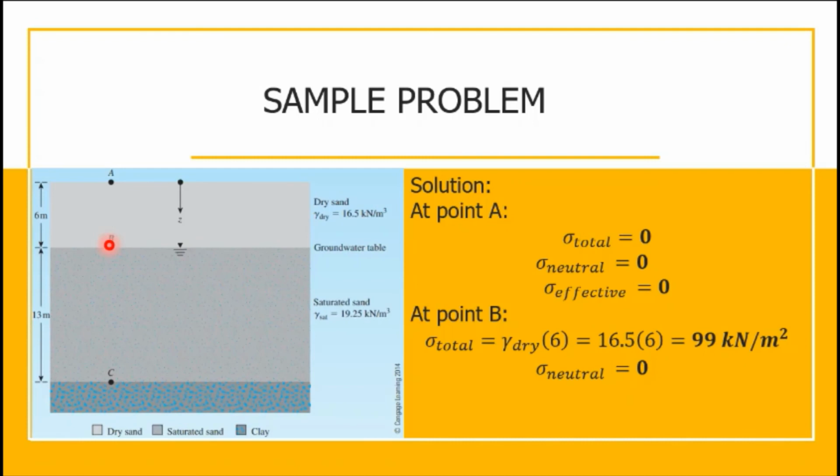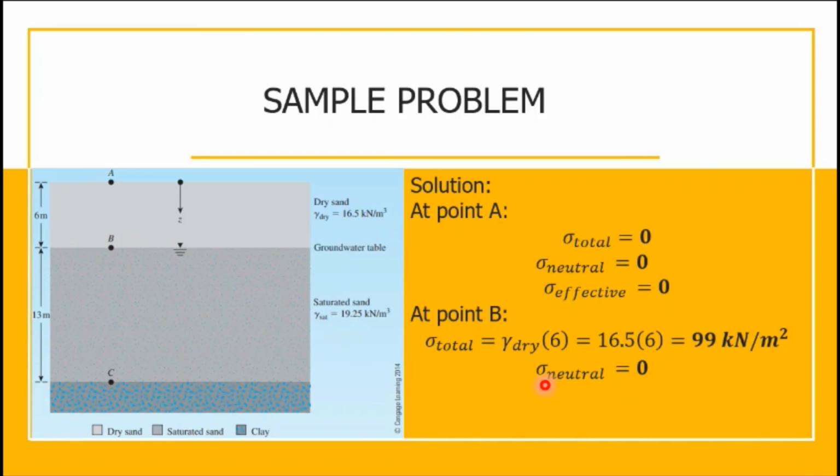At point B, ang height from the groundwater table ng point B is 0. So the neutral stress at point B is equal to 0 because wala pa namang height from the groundwater table yung ating point B. That's why the neutral stress is equal to 0 pa.